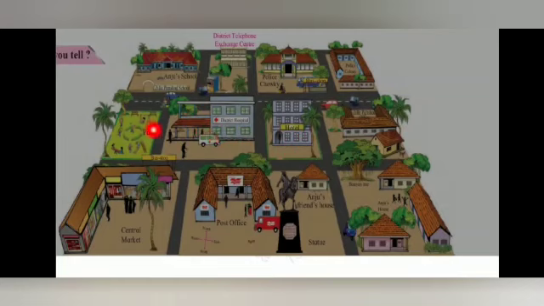A park is also there where Anju goes to play. There is a police chowki and near to that there is a police colony where all the police officials live. Near to the police chowki there is a district telecom exchange center and near to that there is Anju's school.